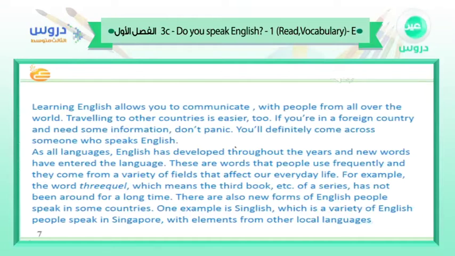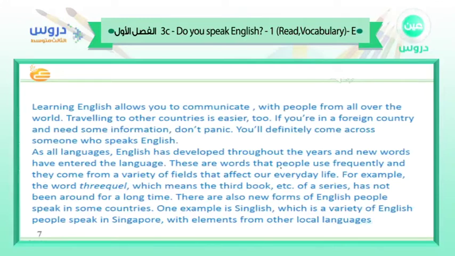Okay, I'll read it. Please read it with me because we have a lot of questions. Learning English allows you to communicate with people from all over the world. Traveling to other countries is easier. If you are in a foreign country and need some information, don't panic. You'll definitely come across someone who speaks English. As all languages, English has developed throughout the years, and new words have entered the language.